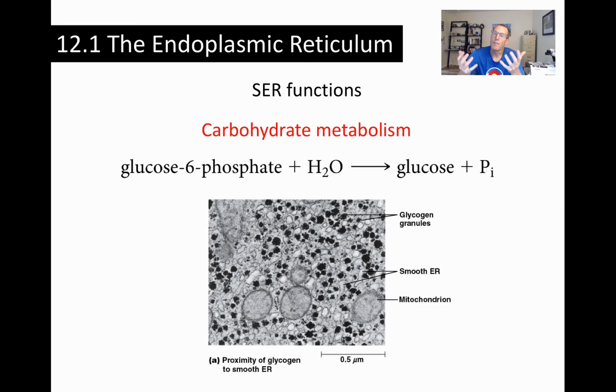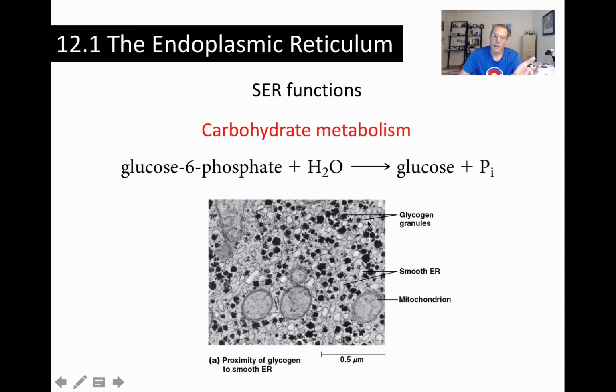And so when we think about a function of the liver being glycogen storage, one of the things that might come to your mind is how do you liberate that glycogen in the form of free glucose? It's under the control of this enzyme, glucose 6-phosphatase, which takes the 6-phosphate off of glucose and produces glucose.